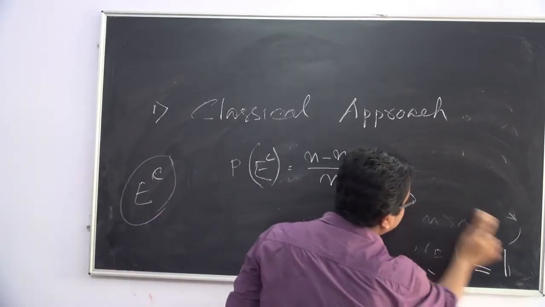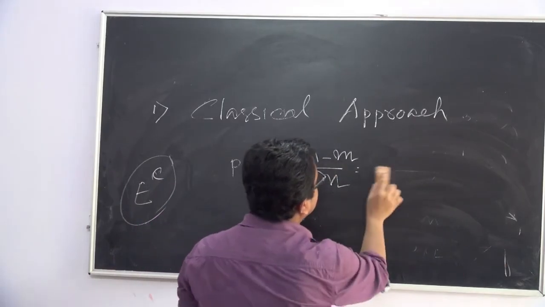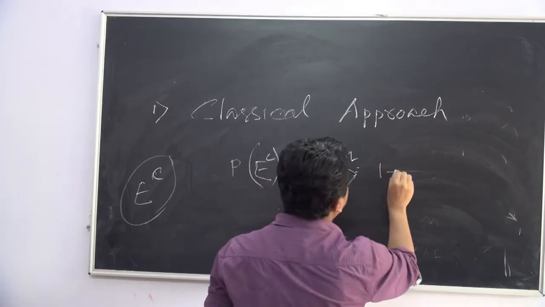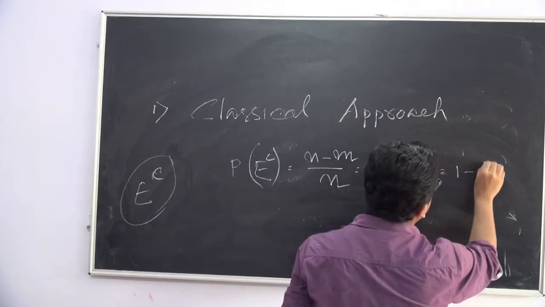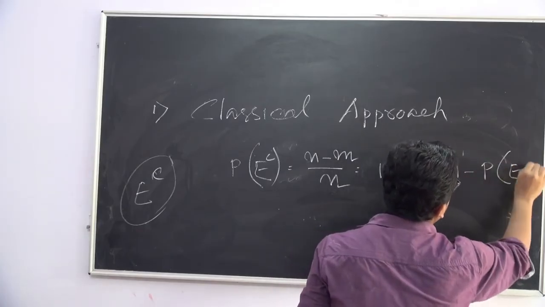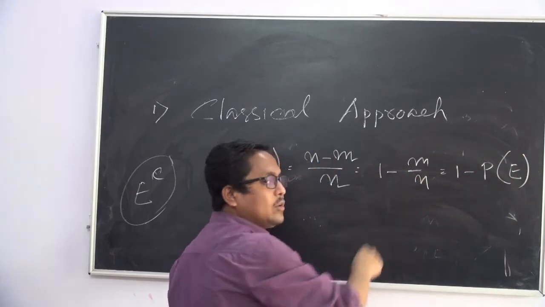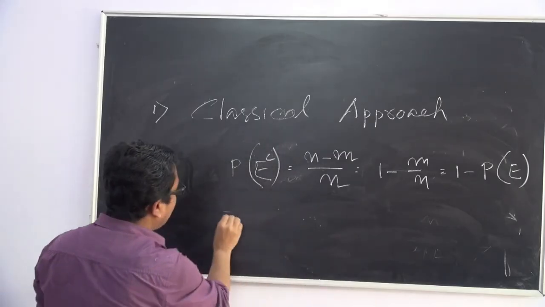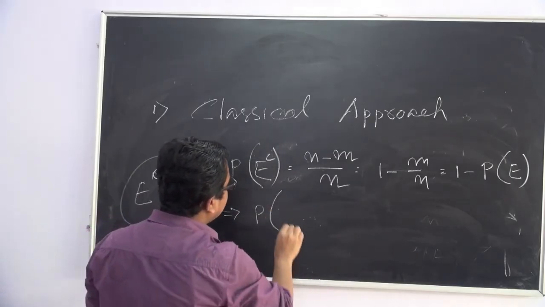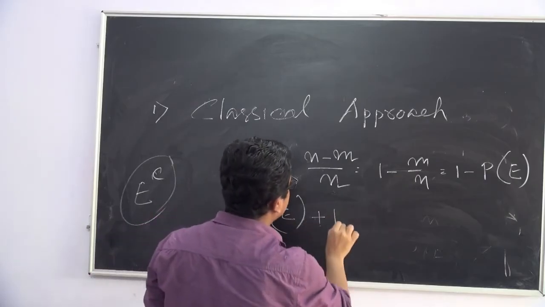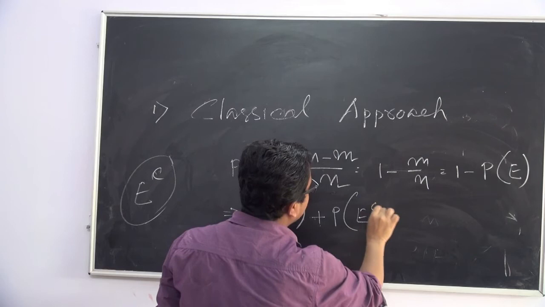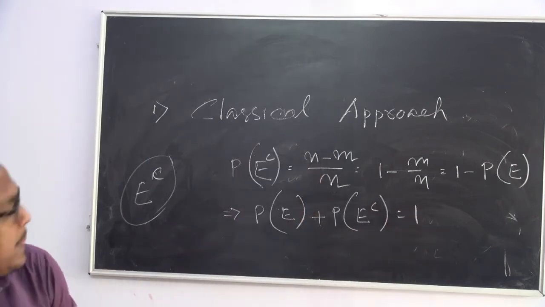Now if we do some mathematics, we can write 1 minus m by n. That means 1 minus probability of E, because probability of E is equal to m by n. Now I can write probability of E plus probability of E complement is 1.